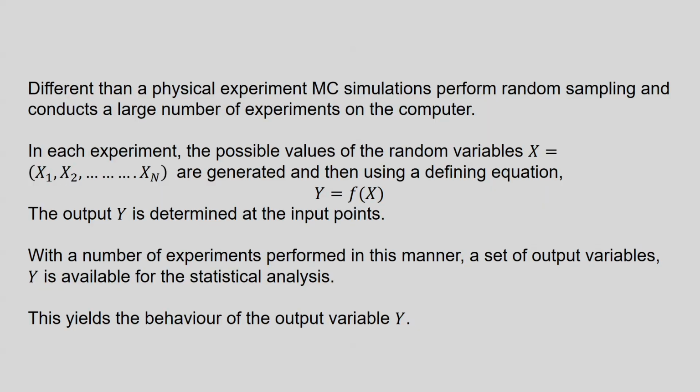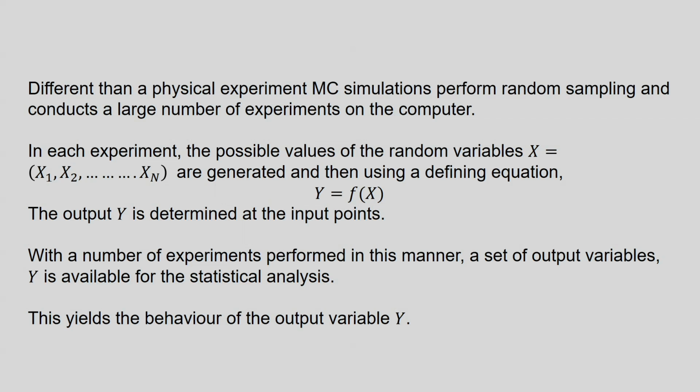So, in each experiment, the possible values of the random numbers are given by the variable x, which can take random values x 1, x 2 and so on until x n, and then using a defining equation y equal to f of x, the output y is determined at all these input points.